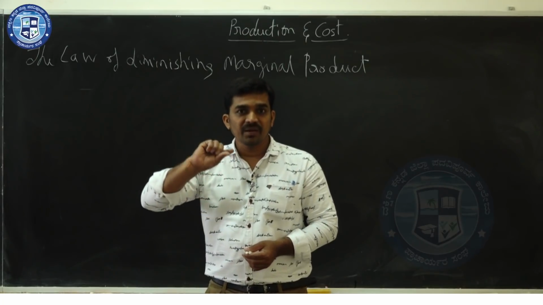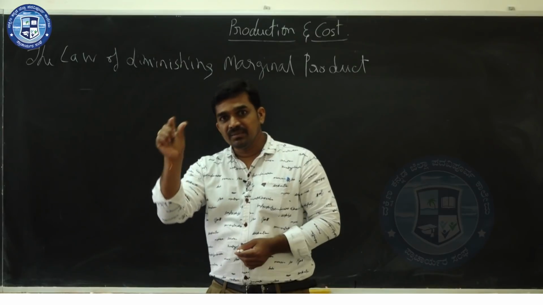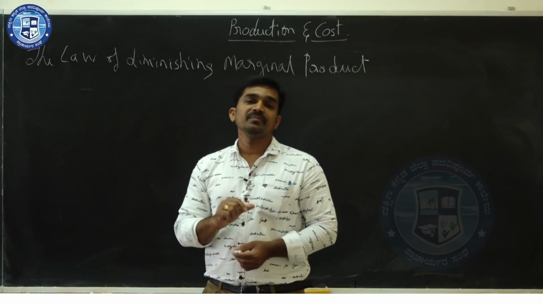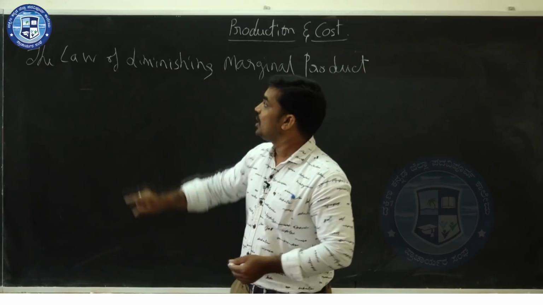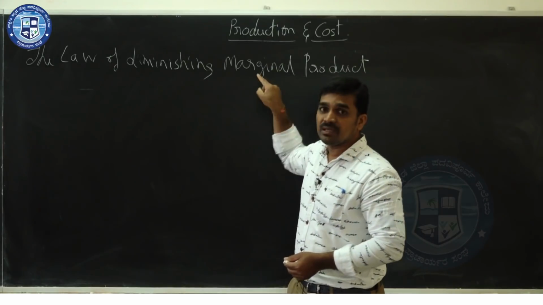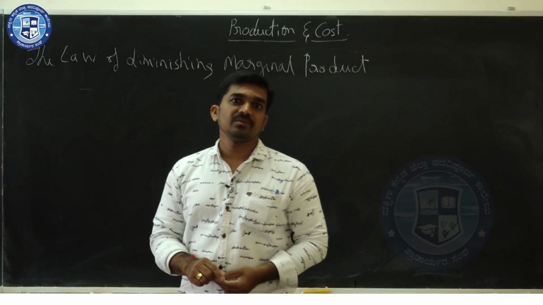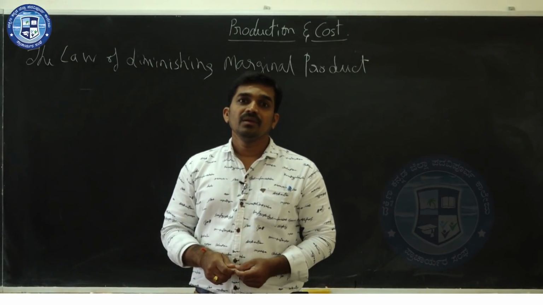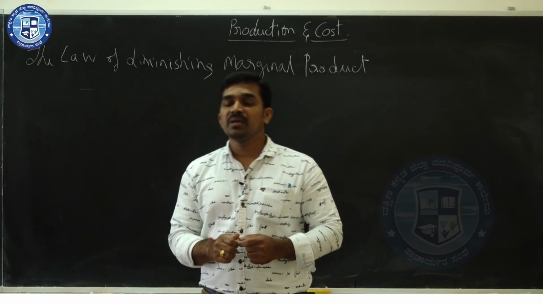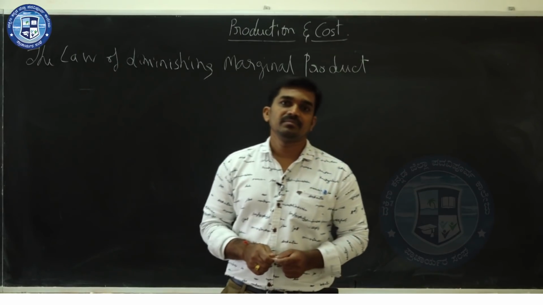Initially marginal product is rising, later marginal product is falling. It is called the law of diminishing marginal product or the law of variable proportion. We explain this concept with the help of a table and diagram.